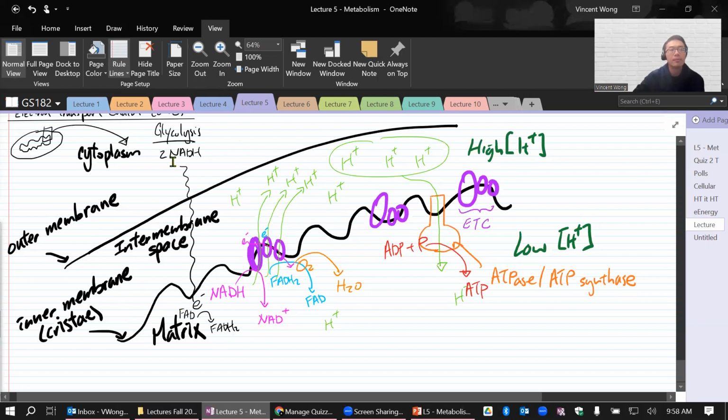So that means in the matrix there is no NAD plus? There is, but not for the purpose of glycolysis. Remember, pyruvate oxidation and the Krebs cycle happen in the matrix, right? Those processes will require NAD+, so those will be in the matrix.